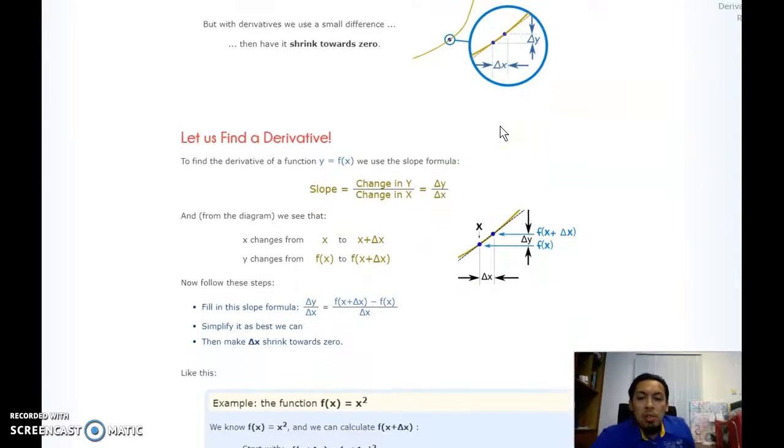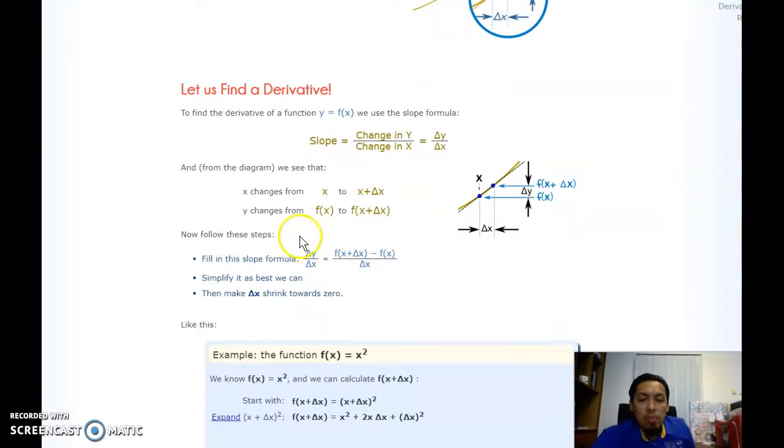I'm not going to explain the formula here. This formula was created based on this idea, and it can be used on any function that you encounter in mathematics to find the derivative.